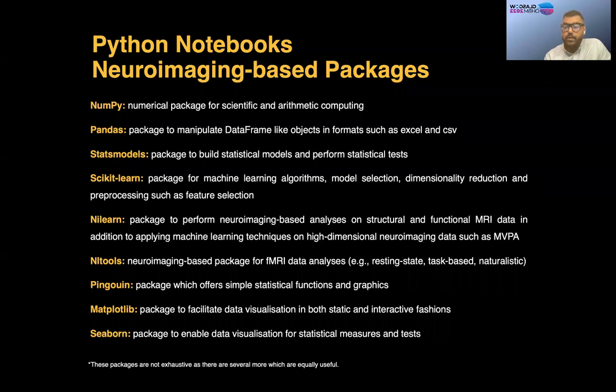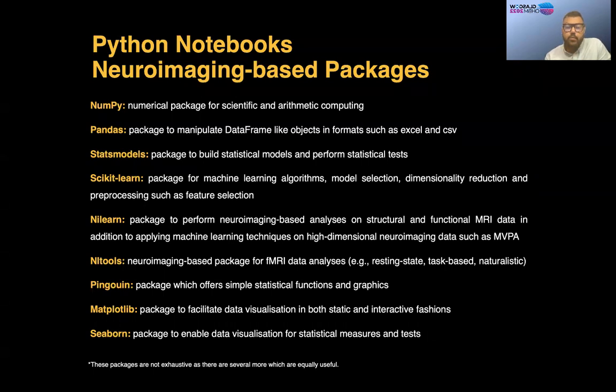Some of them are more specific to machine learning, but overall, these are the most commonly used packages that you will experience: NumPy, Pandas, Statsmodels, Scikit-learn, Nilearn, NiLearn tools, Pingouin, Matplotlib, and Seaborn.